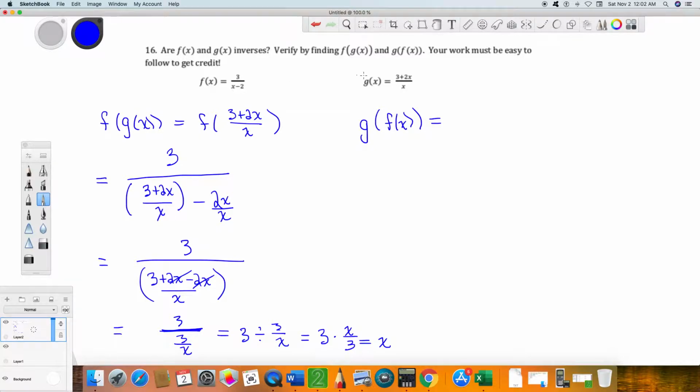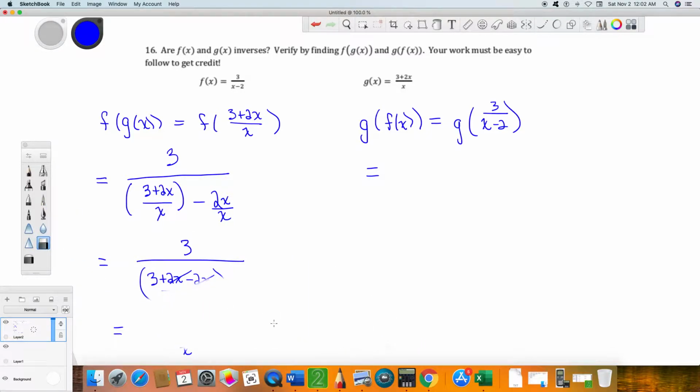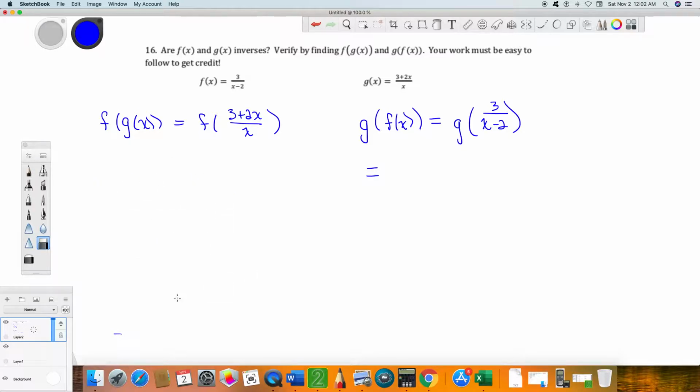So we're going to take this f and plug it into g, and again we get another complex fraction. Now I'm going to erase this over here just so I have more room to work. I already know that simplified to x.